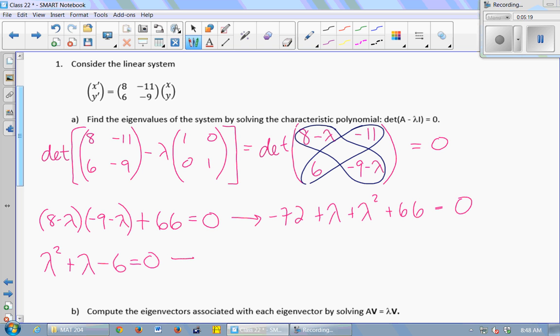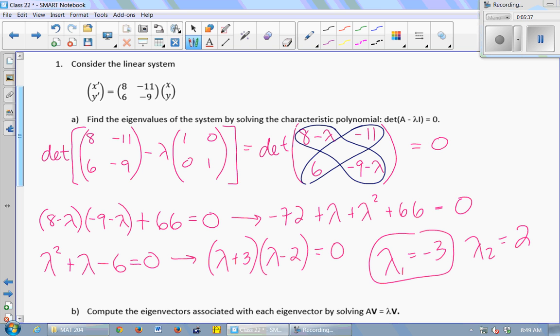And then that factors: lambda plus 3, lambda minus 2. Set each factor to 0, so lambda 1 is negative 3 and lambda 2 is 2. There are my eigenvalues. Which one you call lambda 1 and which one you call lambda 2 is totally irrelevant. It doesn't matter.